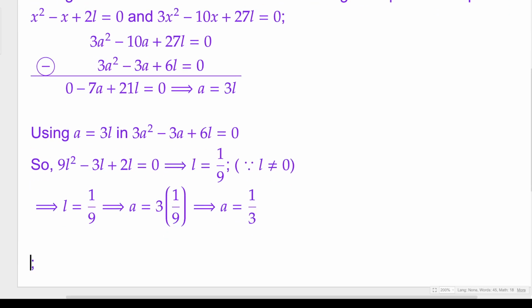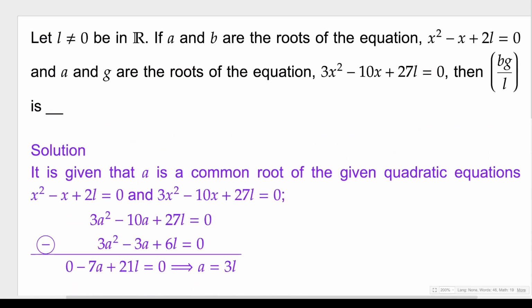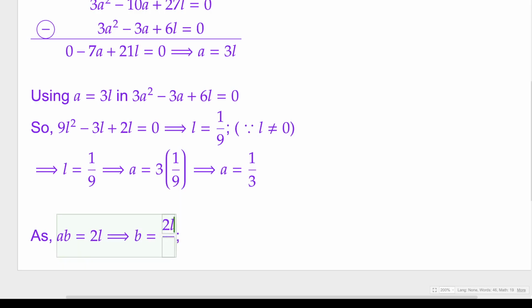Now, if we take the product of roots, let's say that is a times b, the product of these roots is nothing but 2 times l. This further implies that b is equal to 2 times l over a.